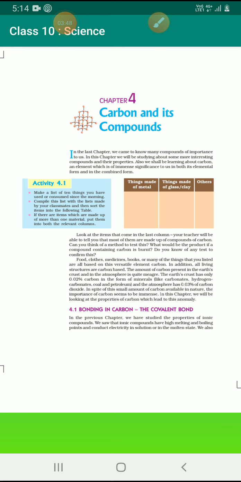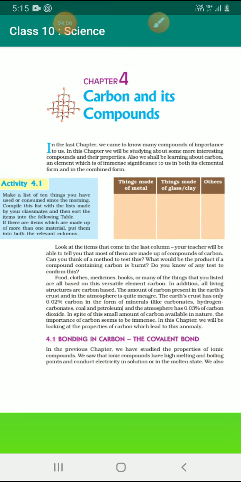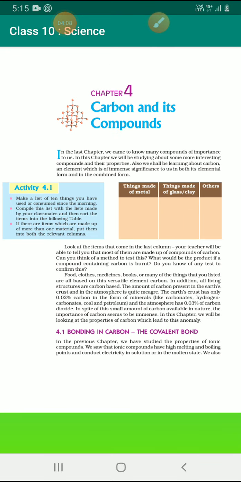Remember that in day-to-day life we use many chemicals, many compounds. Of those compounds, I can say more than 90% are comprised of carbon.